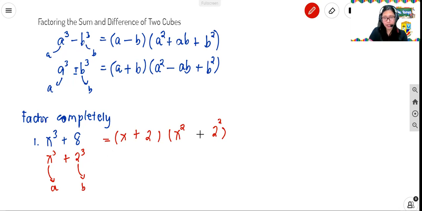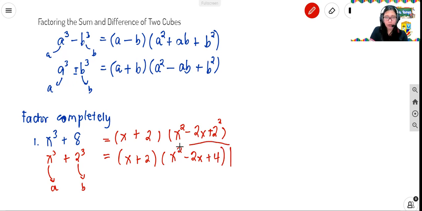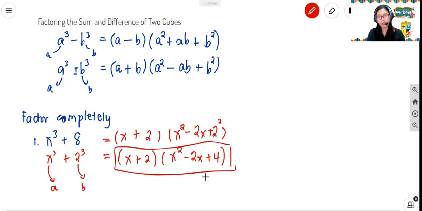Since the first sign is positive, here is negative, and this one is positive. If I simplify this further, I will have x plus 2 times x squared minus 2x plus 4. This is now the factor of x cubed plus 8.